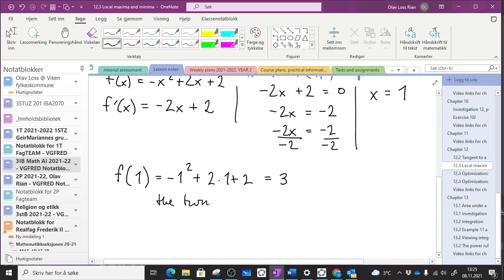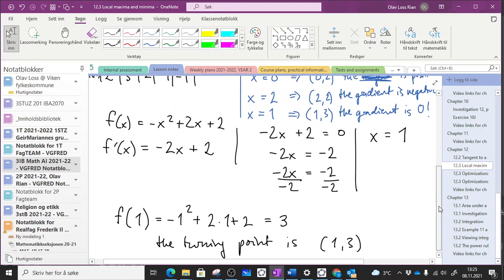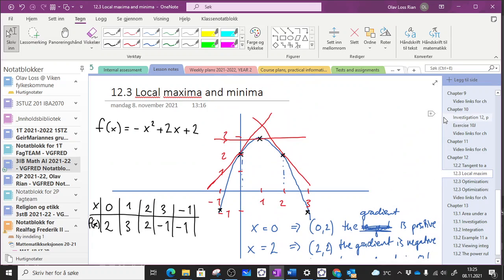And we have our answer. The turning point is 1, 3. So this point has the coordinates 1, 3.